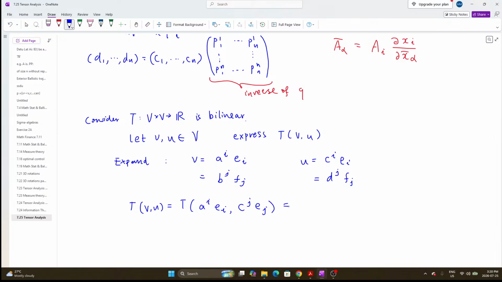And then use bilinearity to expand. You just get A I C J. You can take out those two coefficients and get T of E I E J. And similarly, this is also T of B I F I, D J E J. Right?